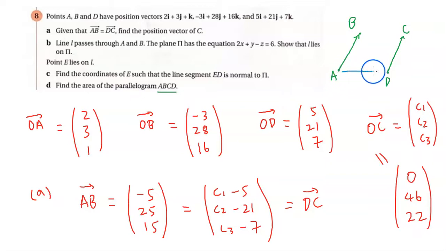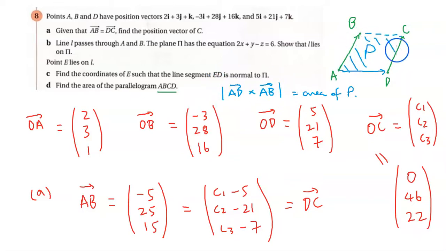And so we can quickly get the area of this parallelogram by using the cross product, because earlier we showed that the length of the vector AD crossed with AB is equal to the area of the parallelogram. So let's call this parallelogram P, area of P. So we just need to find the vector AD cross AB and then calculate its length, and that will give us the area of our parallelogram here.